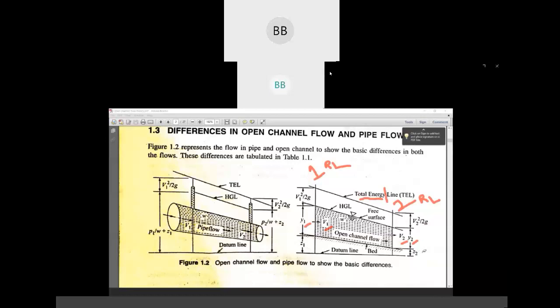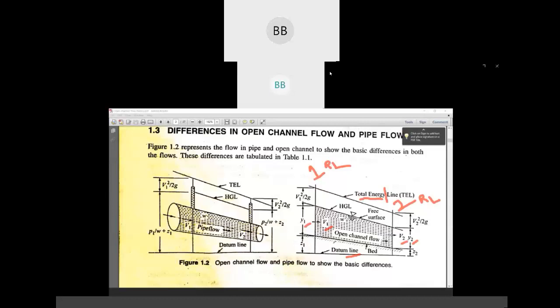When we calculate total energy, we have to calculate it with reference to a line, called the datum line. That reference line should be the same for both section 1 and section 2.